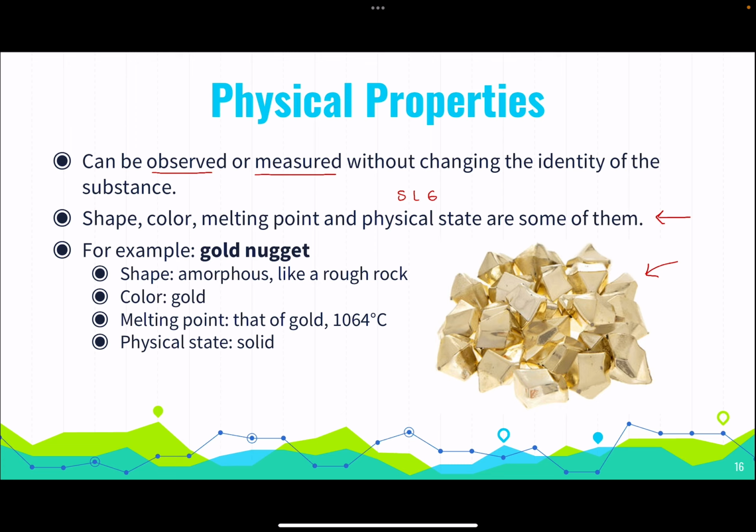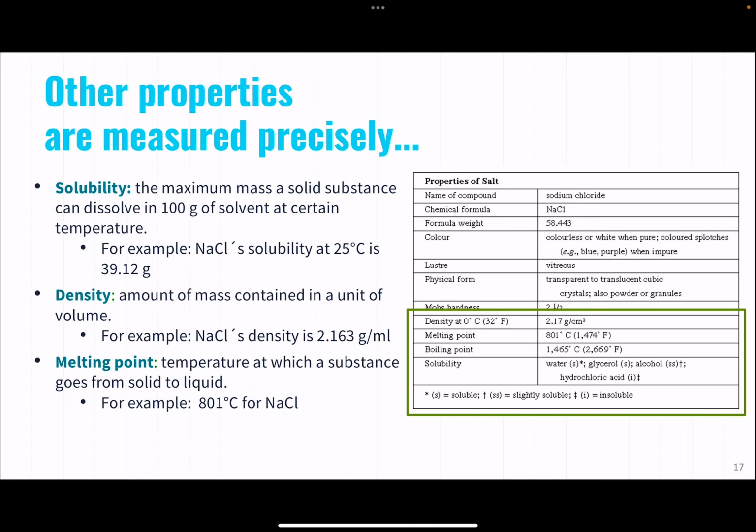It's just like a blob. It's like a rough rock. The color is gold. The melting point would be that of gold, which is 1064 degrees Celsius, and the physical state is solid. So all of this make up the physical properties of this substance, this gold nugget.